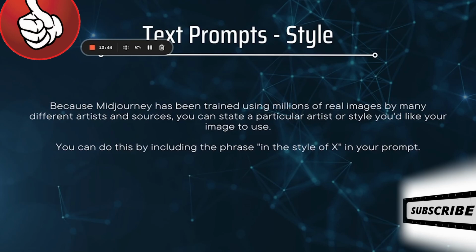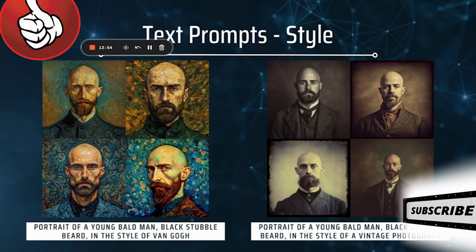So you need to understand how to leverage these prompts and be very specific so you can steamroll everybody else outside of the campus. So here are some text prompts built around style. A portrait of a young, bald man, black stubble, beard, in the style of Van Gogh.